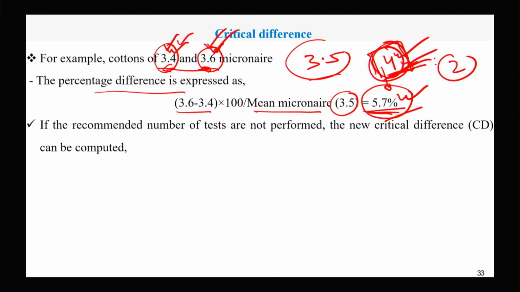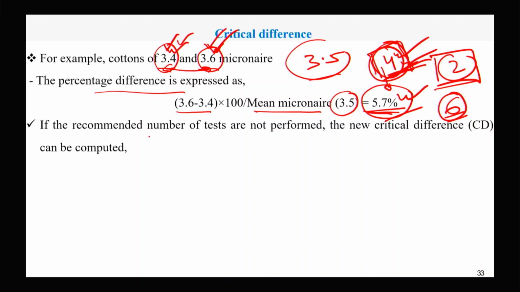We have tested, say, 2 plugs, because we have a small quantity of specimen, and for micronaire we have got 2 such plugs. In that case, should we use the reference as 6 critical difference or not? Let us see.